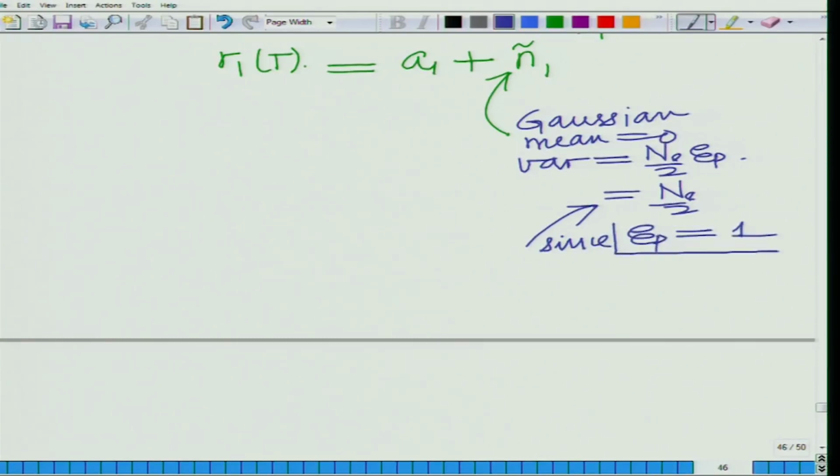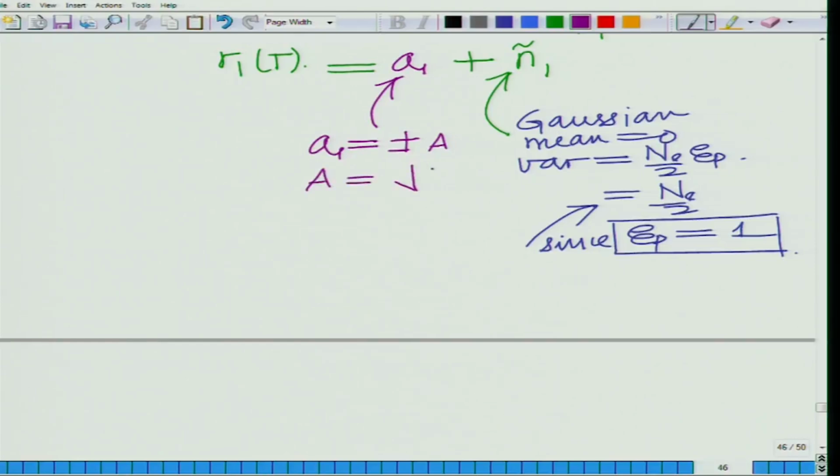And now remember, A1 equals plus or minus A, where A equals square root of EB.